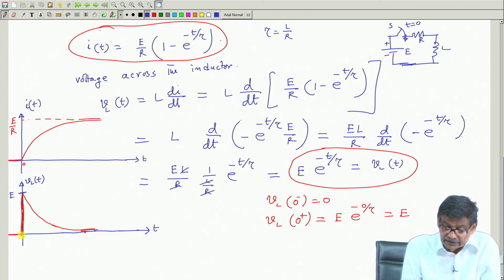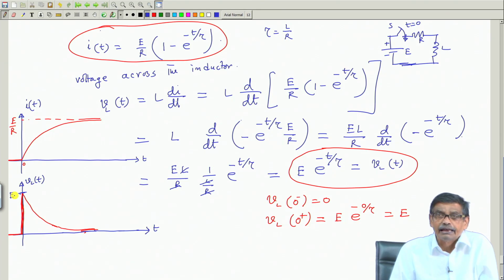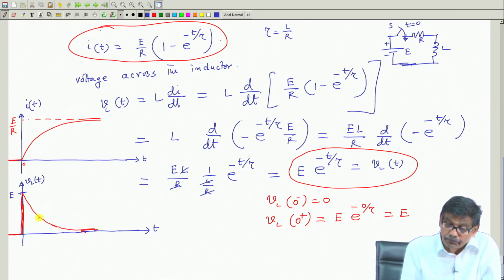Voltage across the inductor at t equal to 0 minus was 0, but at t equal to 0 plus it has gone up to E. So, the voltage across the inductor can have a step jump, no problem, and then it decays. The equation of this is once again E into e to the power minus t by tau.